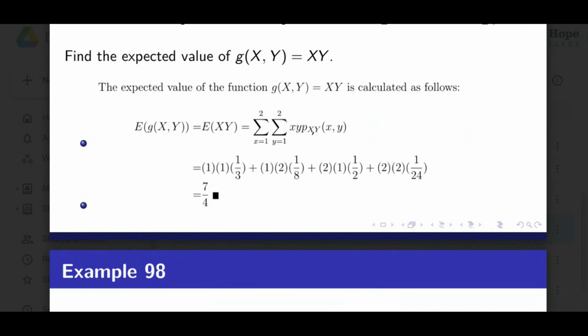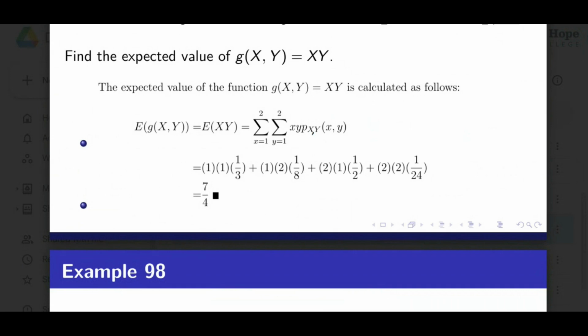We'll end with this, okay? In general, EXY is not EX times EY, in general. Can anyone guess, when will EXY be EX times EY? Anyone have any guess? When would the expected value of xy be the corresponding EX times EY?